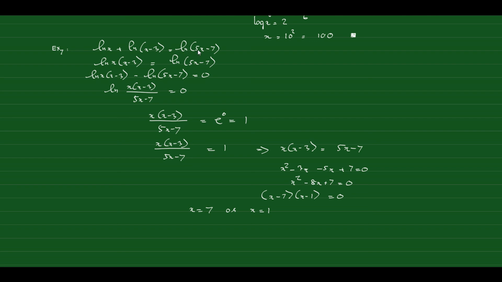Let's plug in x equal 7: 5 times 7 is 35, and 35 minus 7 is 28, and 7 times 4 is 28 too. So this is the answer. But when you plug 1 over here, 1 minus 3 is negative 2. So this is extraneous. There you go.